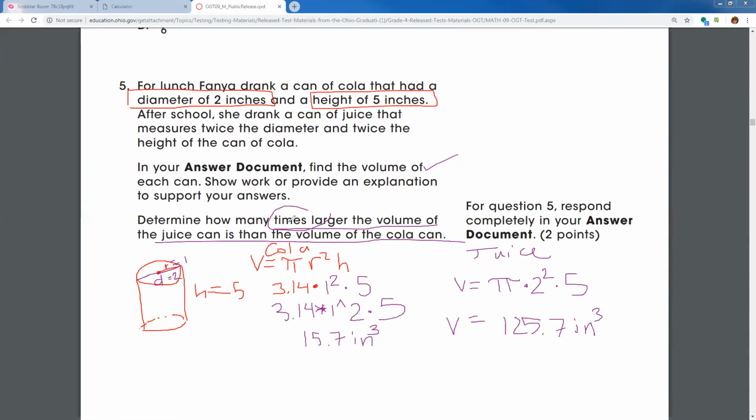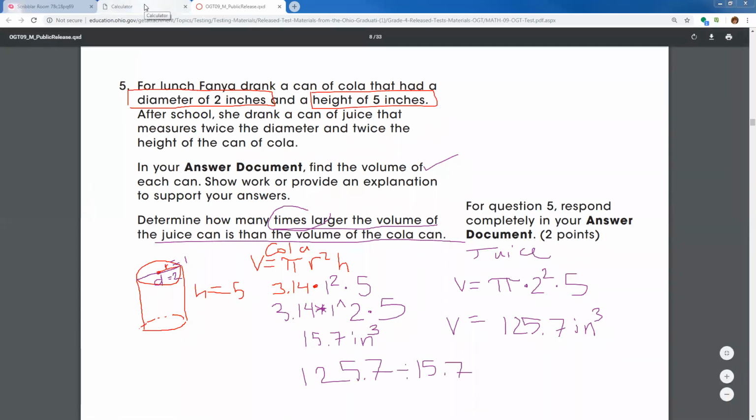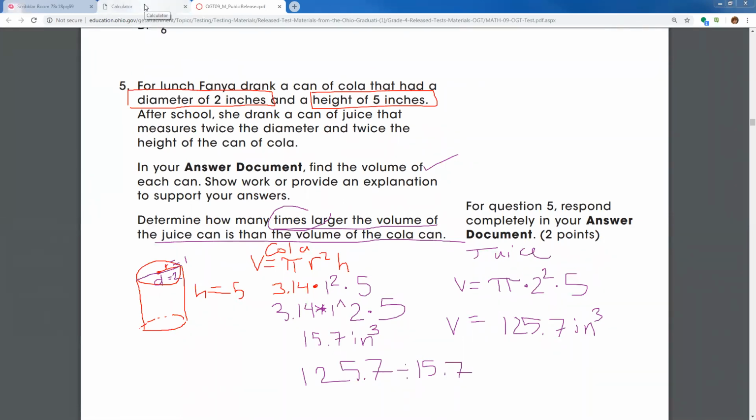If it says how many times larger, divide the bigger number, 125.7, divided by the smaller number, 15.7. That's what's hard about some of these problems: there's one word difference and it actually means do something else.